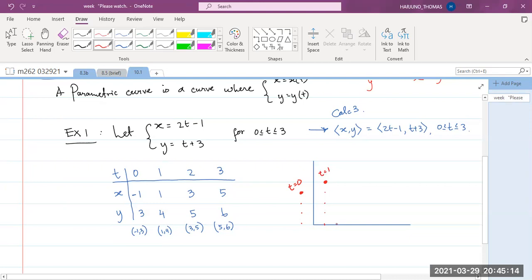When t equals 2, the x is 3, the y is 5. I try to draw it to scale. This is when t equals 2. And when t equals 3, the x is 5, the y is 6. Okay, so when time t equals 0, it's here, then it moves in this direction, it moves to this direction, it moves to this direction, and it stops there.